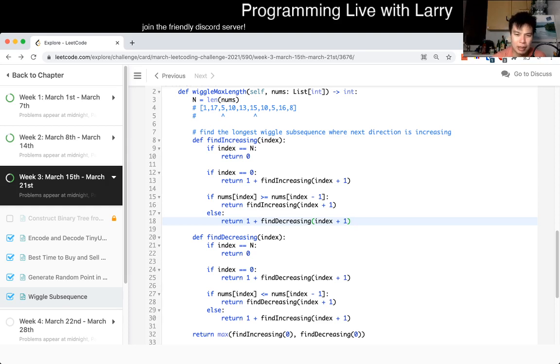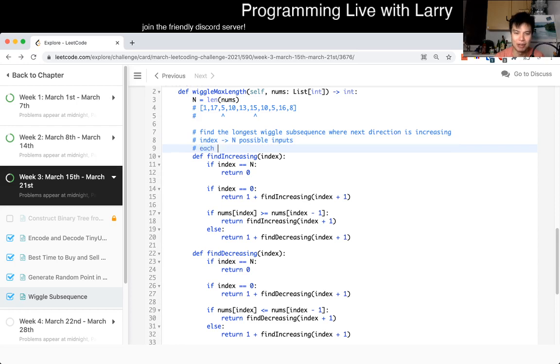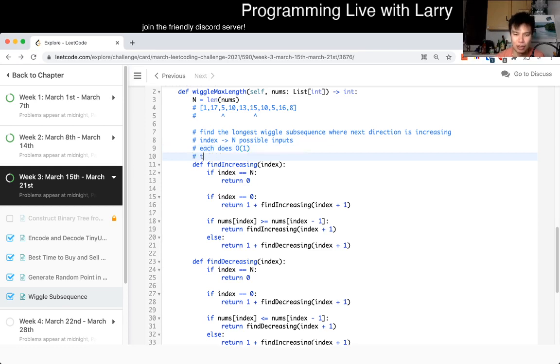And this is going to be linear time because literally all of these just go to index plus 1. Or if you want to think about it in dynamic programming, index has n possible inputs, and each does O of 1 work, and we don't even have to cache, right? It just goes to the next one. So this is O of n time, I think.